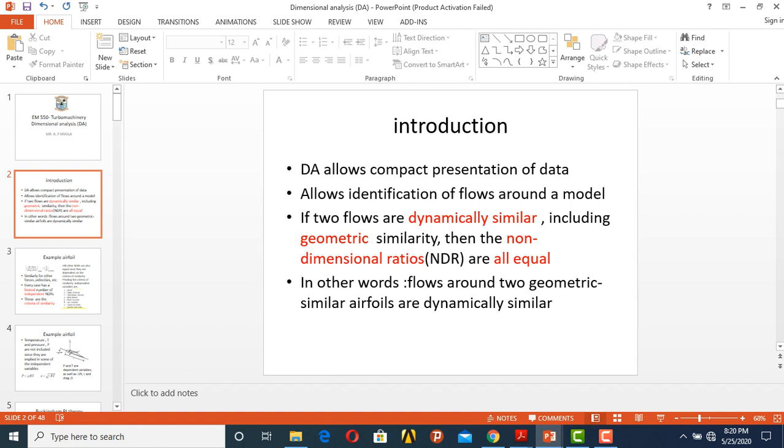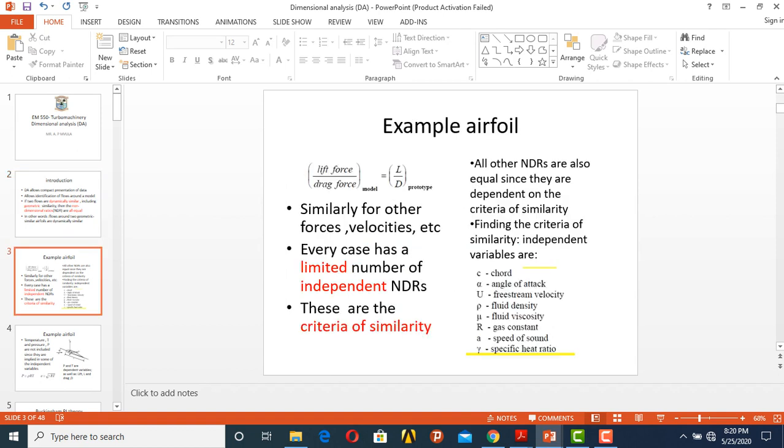That is, for the model as well as for the prototype, whether the fluid is different or the same, the non-dimensional ratios are the same. In other words, flow around two geometrically similar aerofoils, in this example, we find that it is the same. Like for the aeroplane, the prototype, the bigger one, and for the model, it will be found that it will be the same. Let us look at the example of an aerofoil.